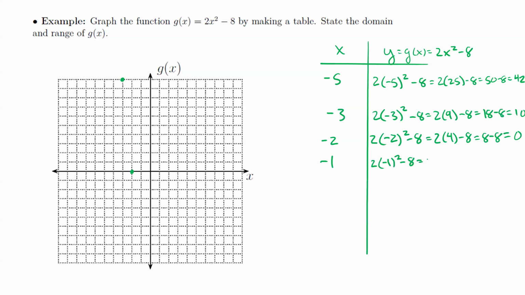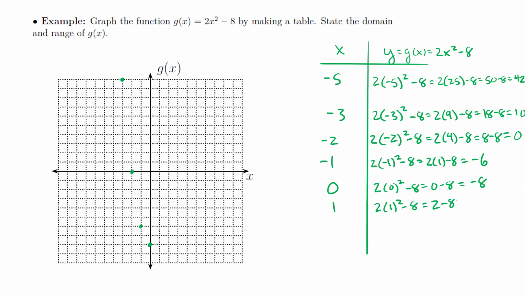So 2 times 1 minus 8 is negative 6. Okay, so looks like we're right down there. And when we plug 0 in, you of course get negative 8. And then when I plug 1 in, there's where I see the rebounding.